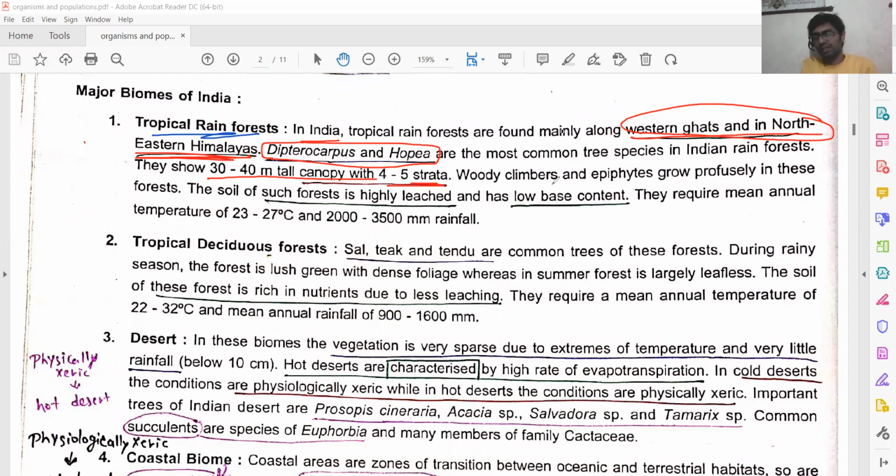Woody climbers means climbers, you know. Epiphyte means plants, not trees, plants which grow on other plants. Okay, these are known as epiphytes. So they grow very densely. Profusely means densely.